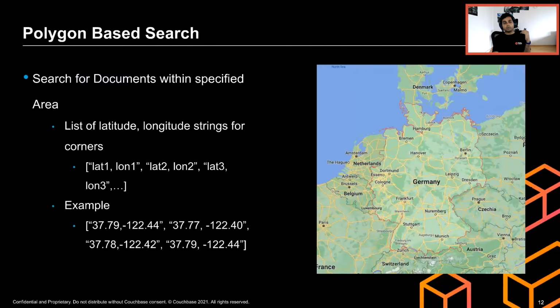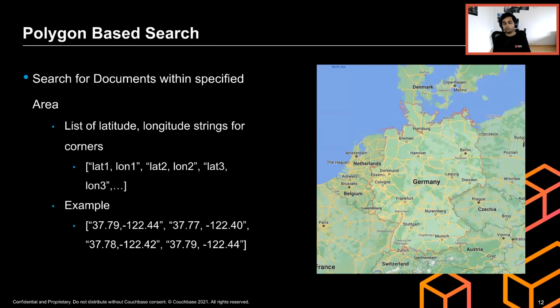So polygon based search is like a superset of the rectangle based search. It allows you to specify an arbitrary number of polygon points or locations, and it allows you to look for documents that belong within the area enclosed by these points.